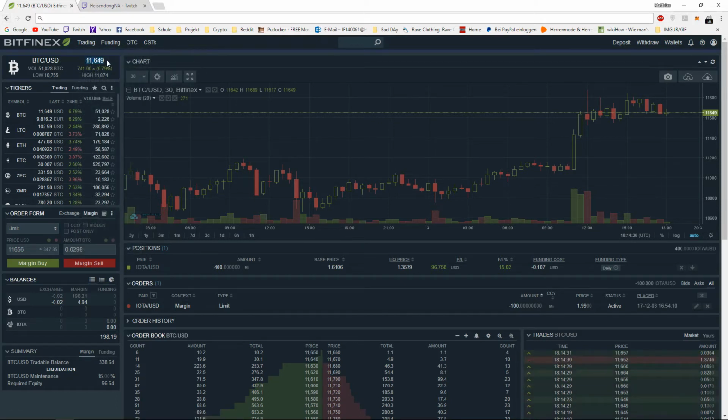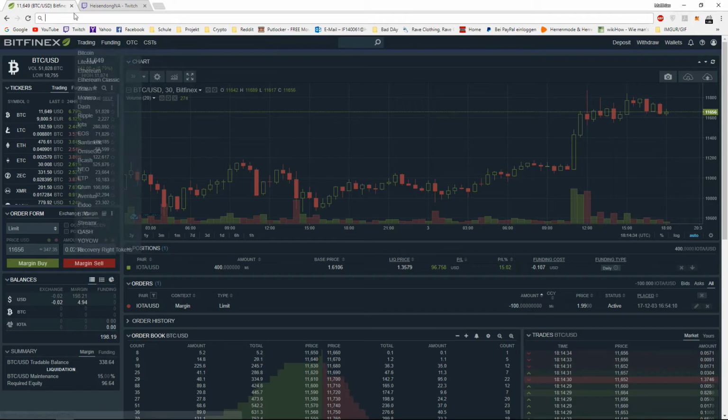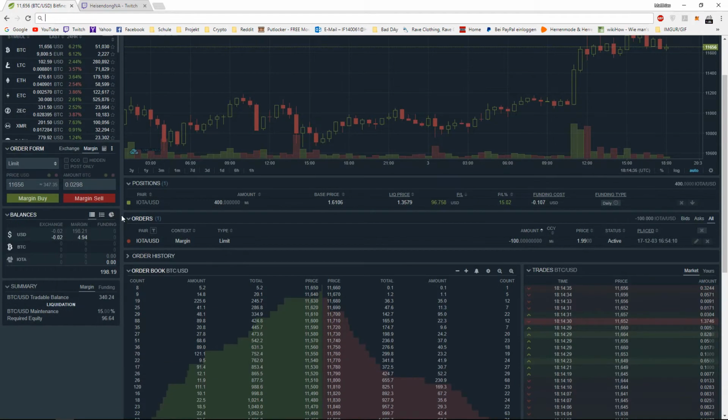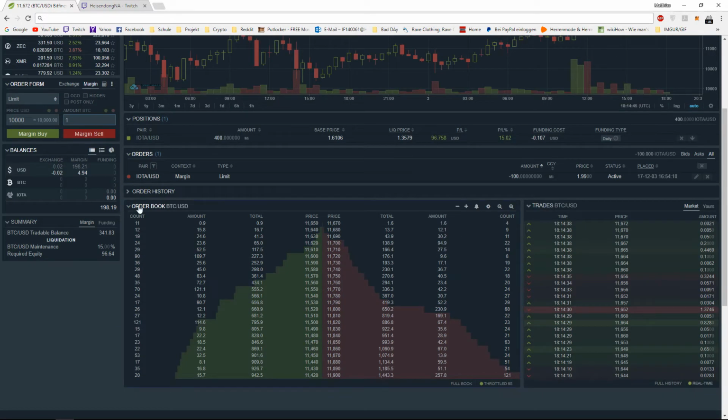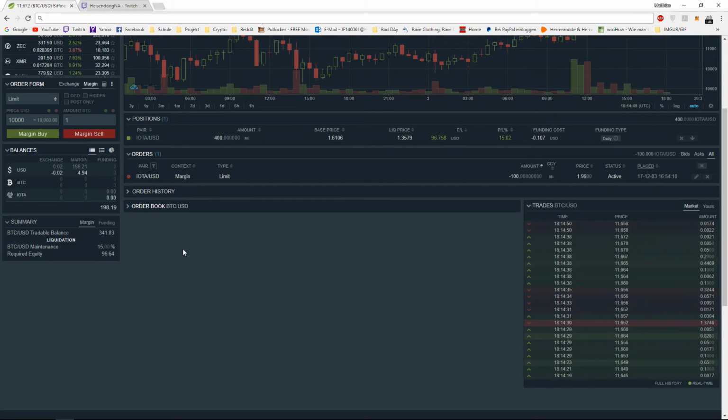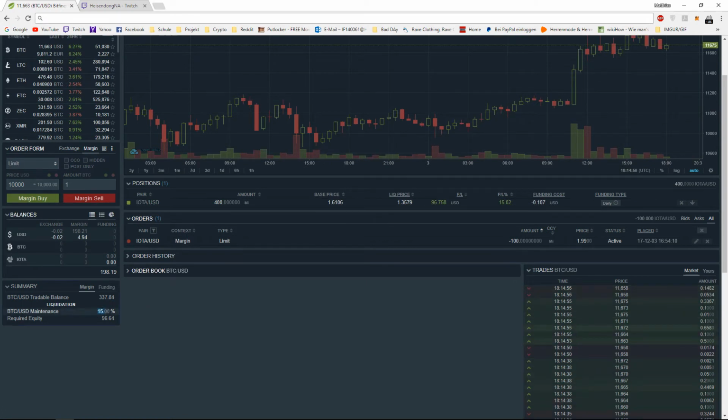Let's say Bitcoin is at 10,000 and you want to open a long position. You will need to put in 10,000 and the amount of Bitcoins you want. For this example, I'm taking 1. You also need a maintenance percentage so that your position doesn't get closed automatically, which on Bitfinex is 15%, also different in every exchange.